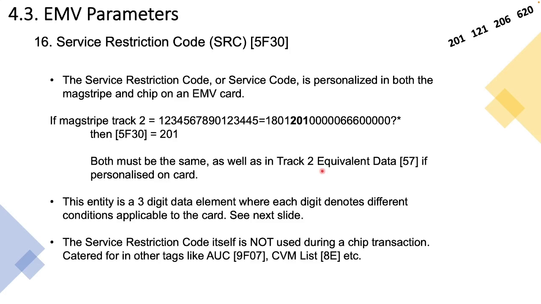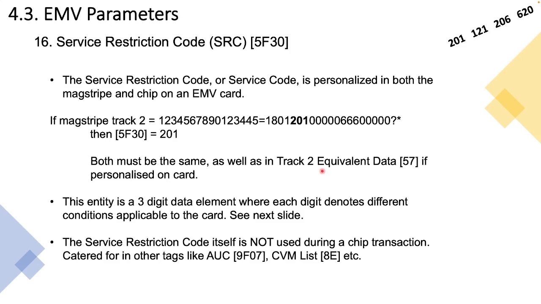Just a point to note, and I did allude to this at the start of the conversation, the service restriction code itself is not used during a chip transaction. Okay, remember we said that it was very important for mag stripe transaction processing. It's not so important in the chip world. We don't use it for chip transactions.